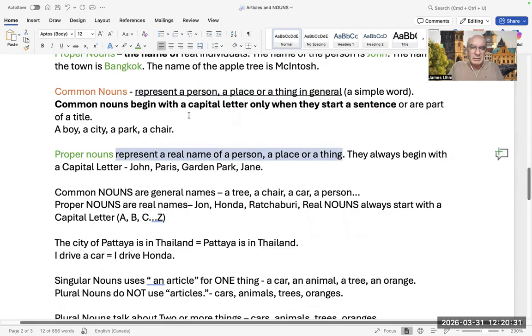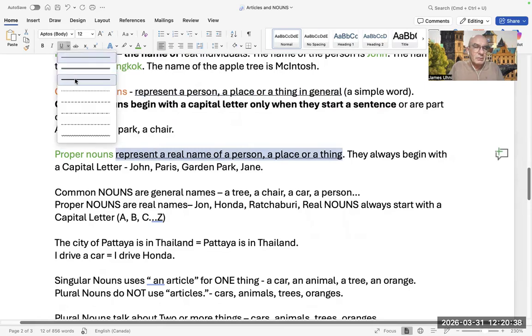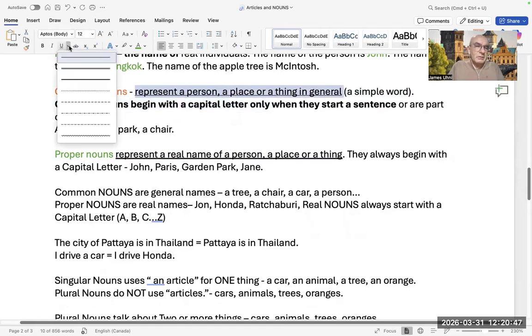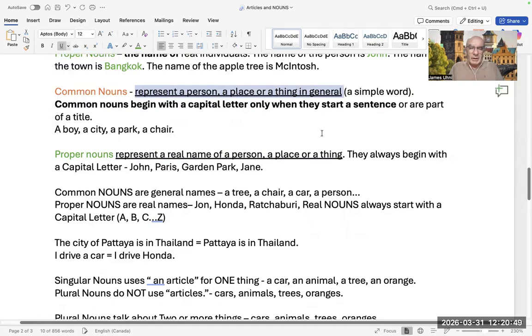Let's underline this as well, and make it properly seen. Okay, now I'm happy. Proper nouns always begin with a capital letter.